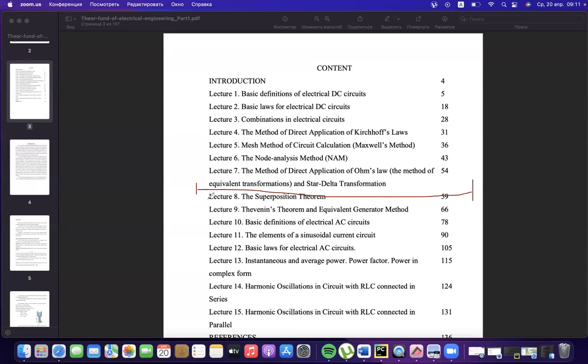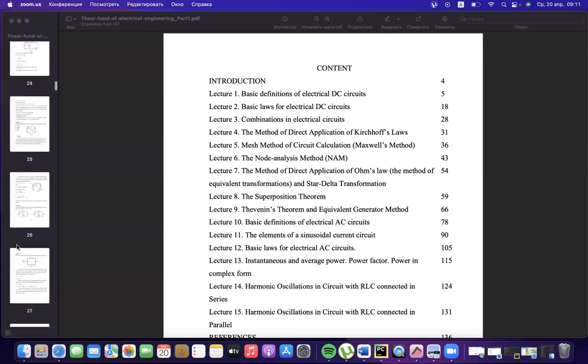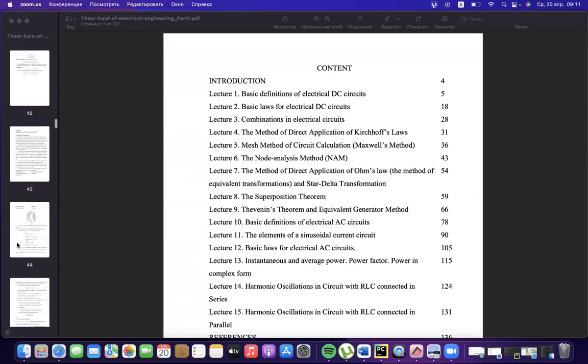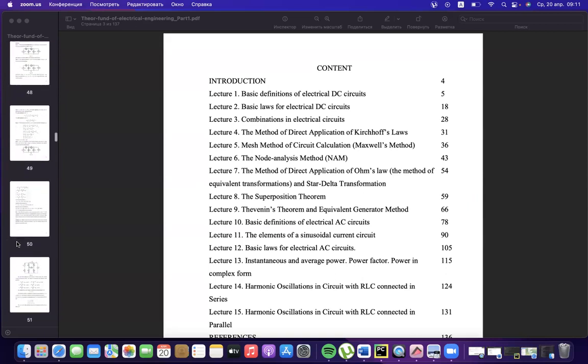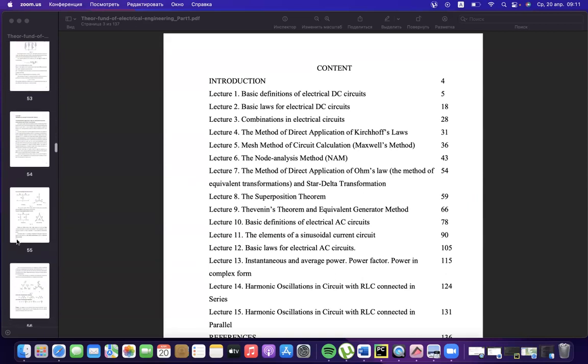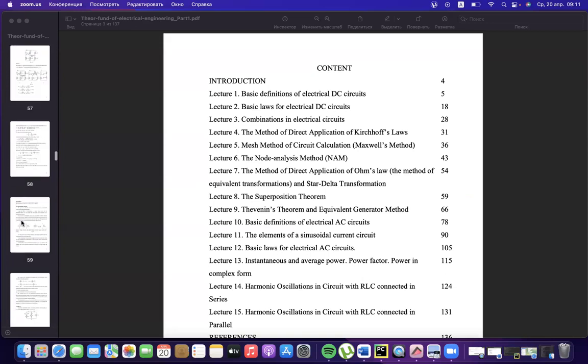Today, let's continue with the superposition method and Thevenin's theorem, the last parts of repeating direct current material. What are these two points about? The superposition theorem has just a nice idea.